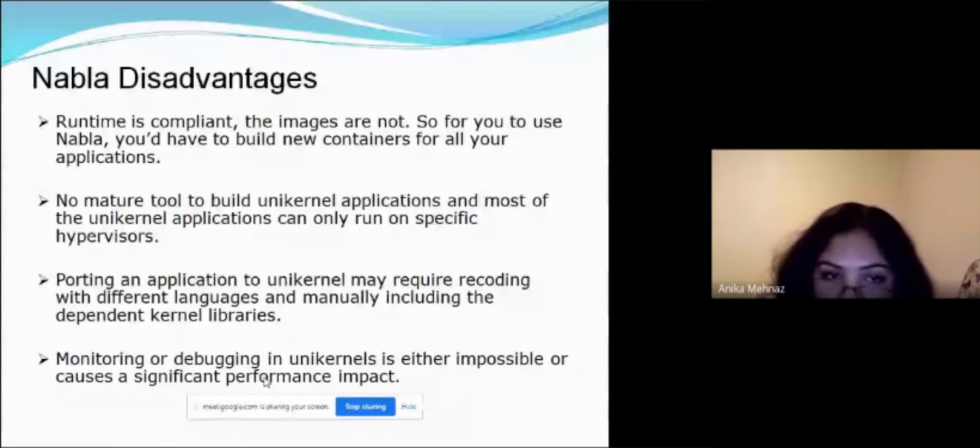And most of the unikernel applications can only run on specific hypervisors. And porting an application to unikernel may require recoding with different languages and manually including the dependent kernel libraries. And monitoring or debugging in unikernels is either impossible or causes a significant performance impact.